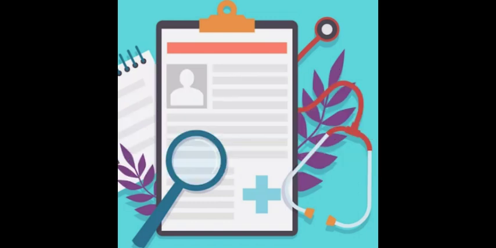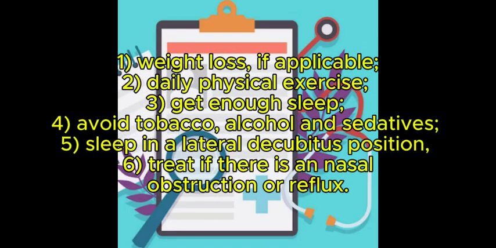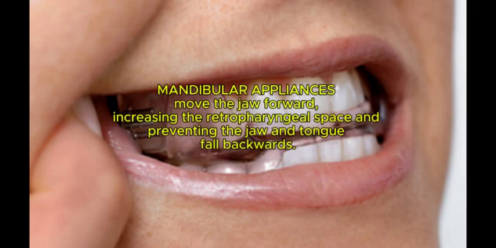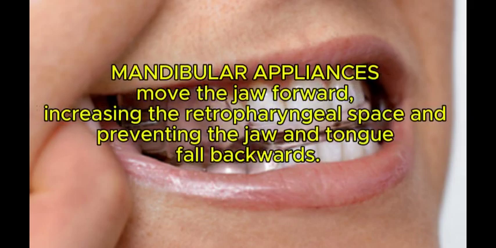Among others, obesity, diabetes, depression, etc. The mandatory measures that must be implemented are weight loss, if applicable, daily physical exercise, sleep enough hours, avoid tobacco, alcohol, and sedatives, sleep in a lateral decubitus position, and treat nasal obstruction and reflux if they occur. Mandibular appliances move the jaw forward, increasing the retropharyngeal space and preventing the jaw and tongue from falling backwards.